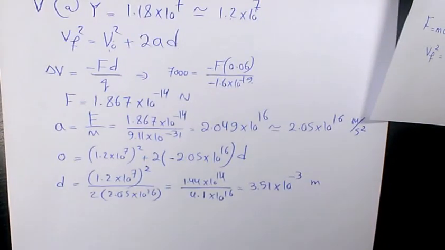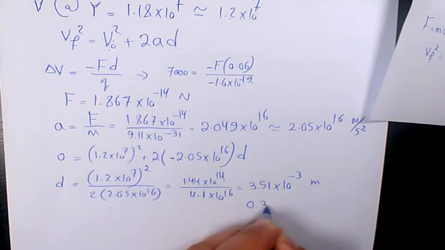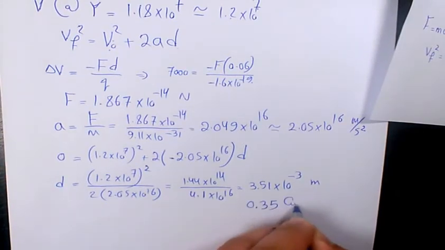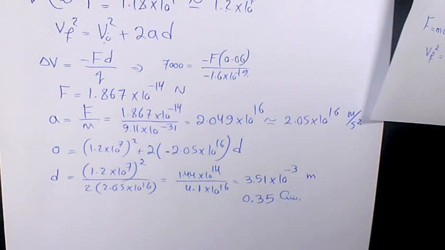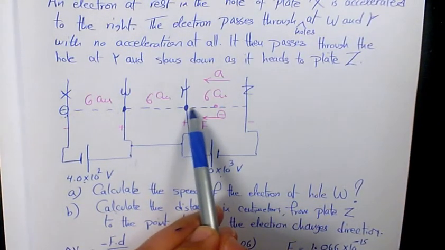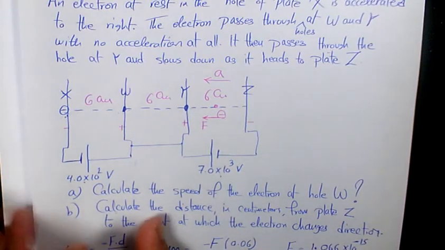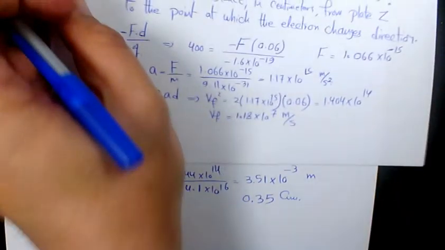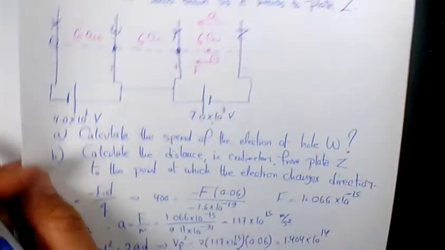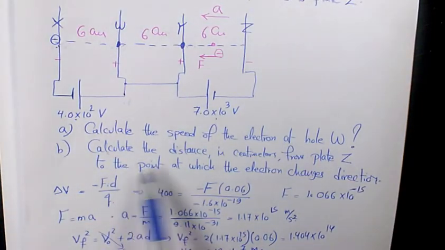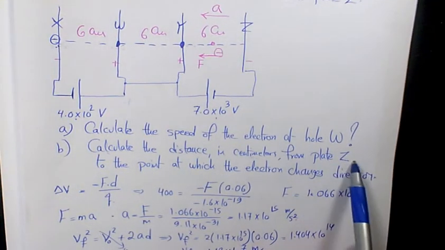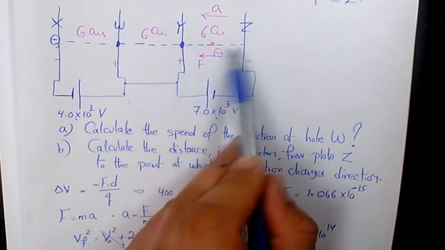In centimeters, it's going to be 0.35 centimeters from hole Y. So it's going to be somewhere very close to hole Y. The question asks us to calculate the distance in centimeters from plate Z, so we need to find this distance.